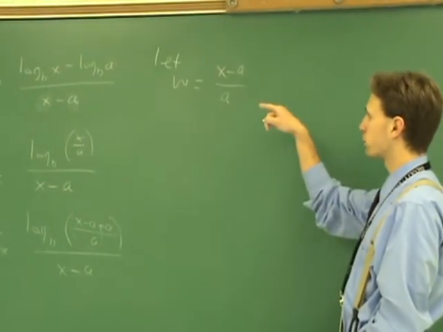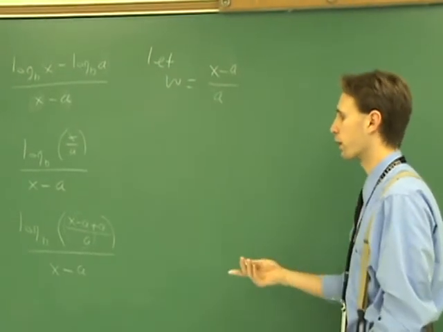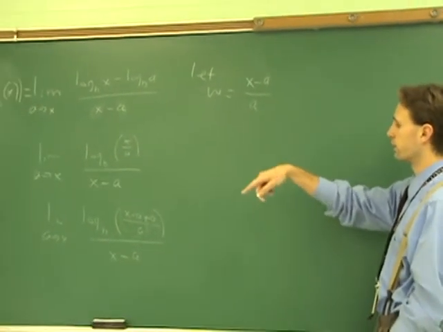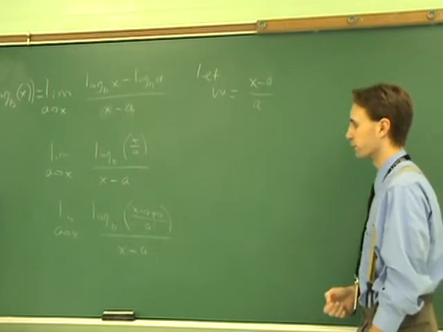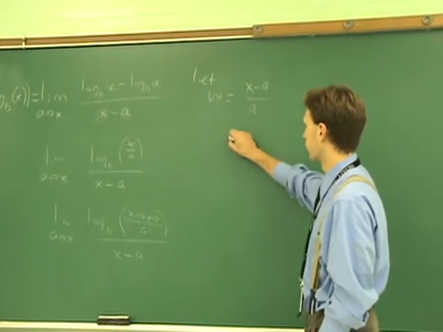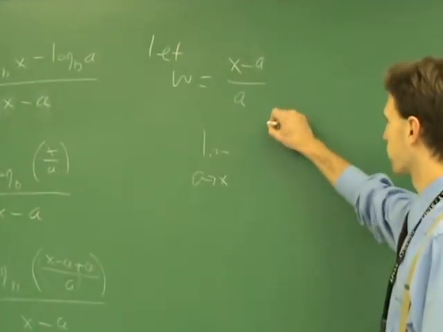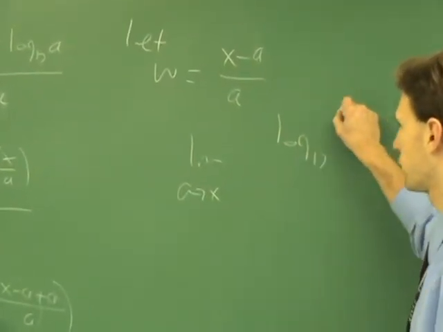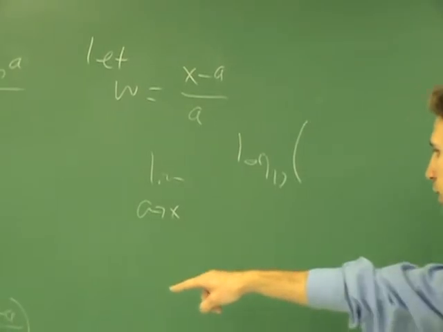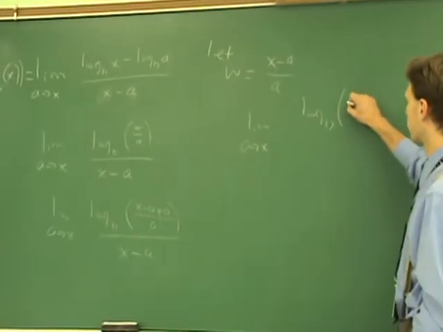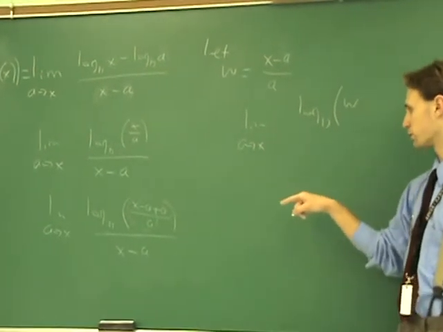After choosing what to make w, we're going to rewrite what the limit is in terms of w as much as we can. So it's going to be the limit as a goes to x of log base b. What was once x minus a over a, that's going to be w plus a over a, that's 1.